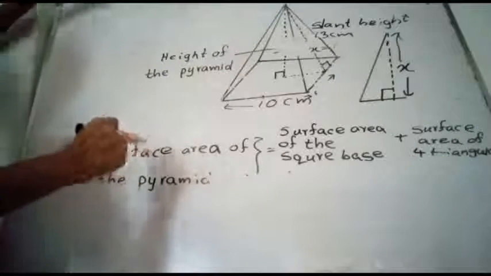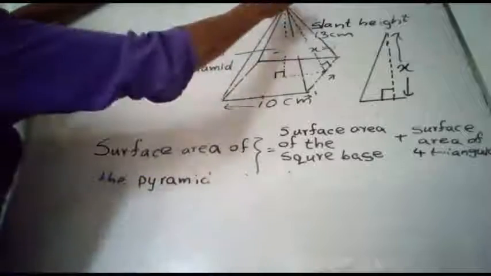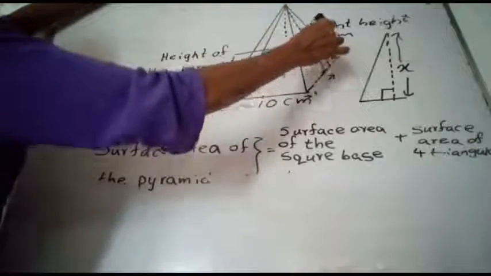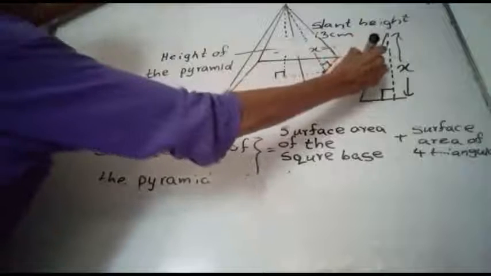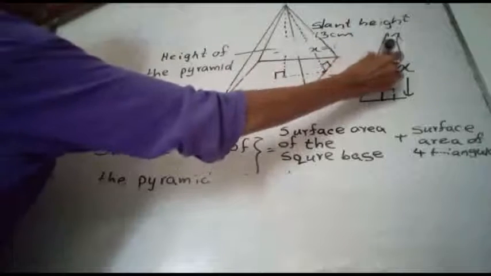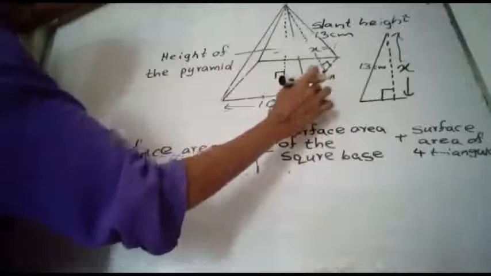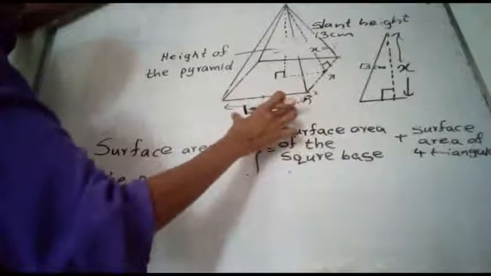Now, we are going to find the perpendicular height of the triangular surface. Here 13 centimeters is the length of the slant edge. Then length of the square base is 10 centimeters.